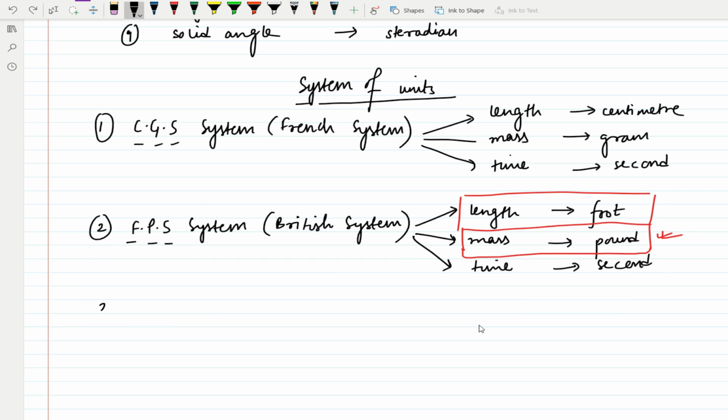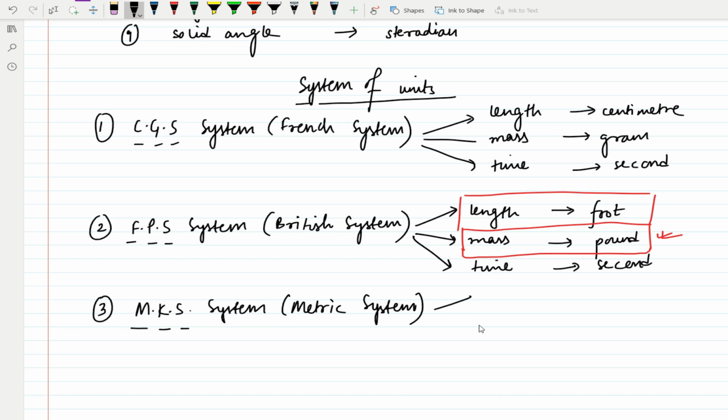The third one is the MKS system. MK stands for meter, kg, and second system. It is also known as the metric system.